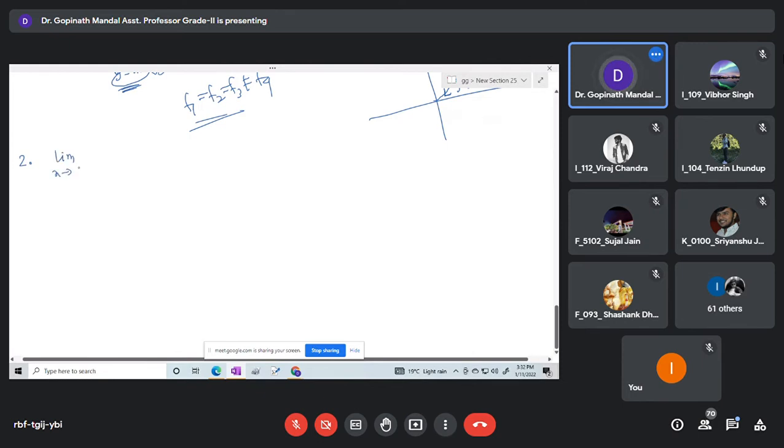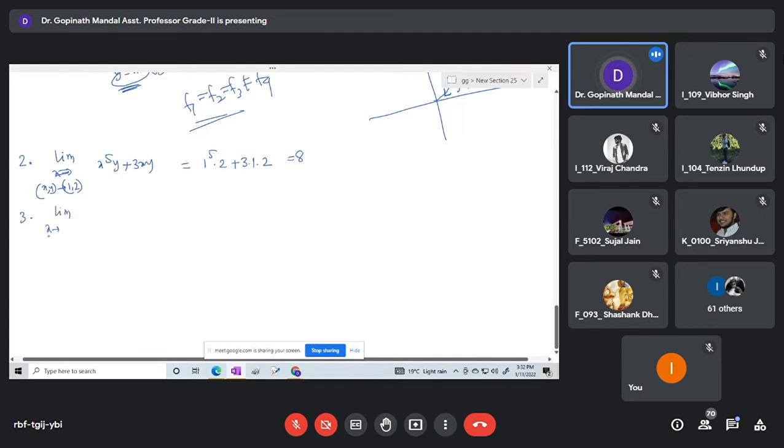Limit xy tends to 1, 2. That means x tends to 1 and y tends to 2, x to the power 5 plus 3xy. Just put the value of x and y. Replace the value of x and y. That means this will be 1 to the power 5 into 2 plus 3 into 1 into 2. So the limit is equal to 8.